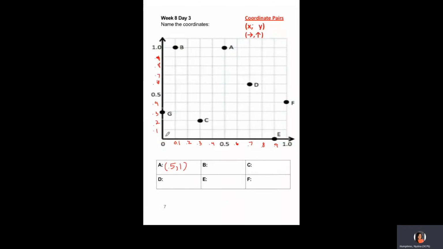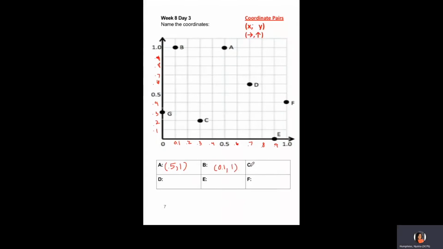So B is at 1/10 for x, go up, and B is at 1 for our y value. If you look at it, the y value of A and B is the same. So x is 1/10 and y is 1.